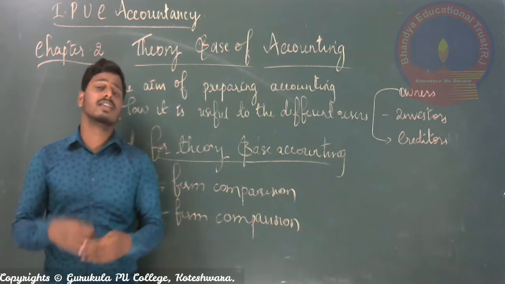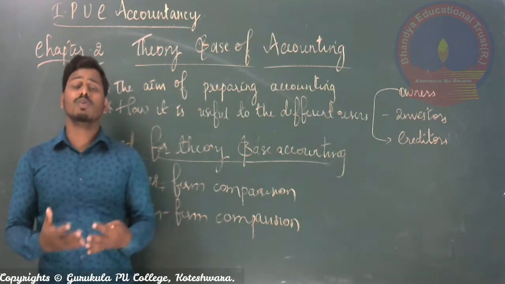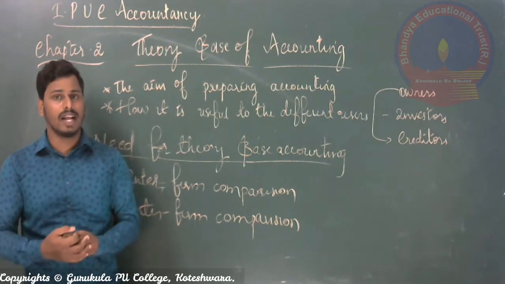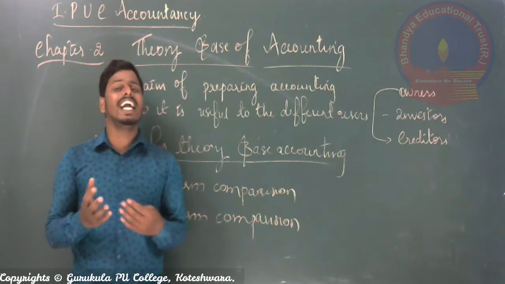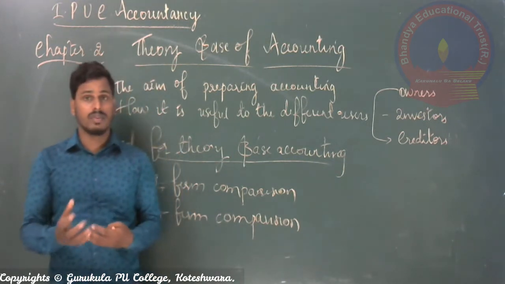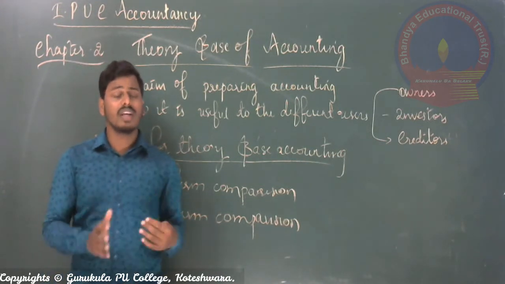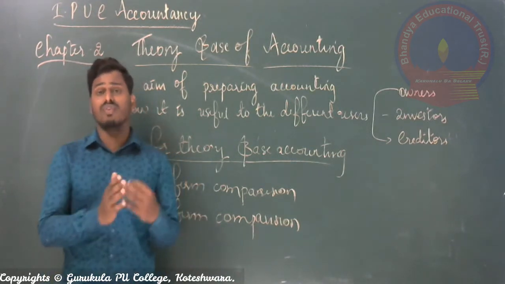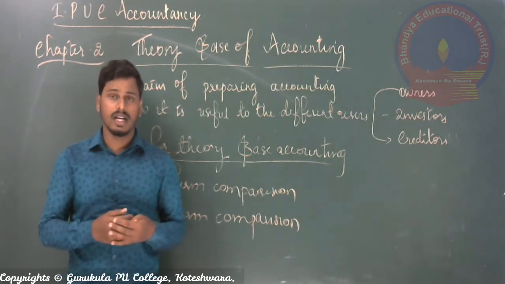Accounting is a new lesson for you students, and we normally use many terms related to accounting. And what are the basic terms we use? The highlighted points we discussed in the last session, right? So that was the complete picture of your first lesson, that is, Introduction to Accounting.